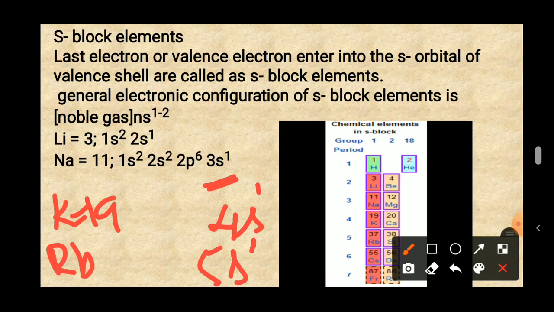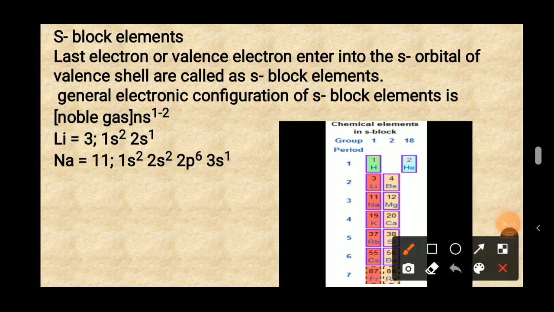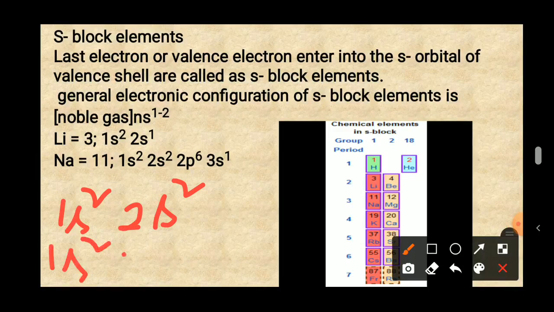In the same way you can write it for group number 2. The first element is beryllium. Beryllium's atomic number is 4, so its configuration is 1s2, 2s2. Magnesium's atomic number is 12, so it is 1s2, 2s2, 2p6, 3s2.